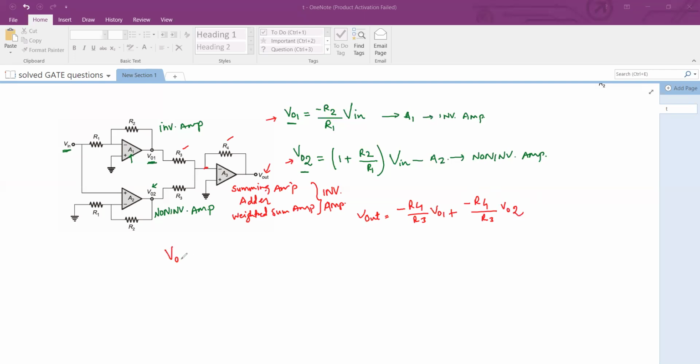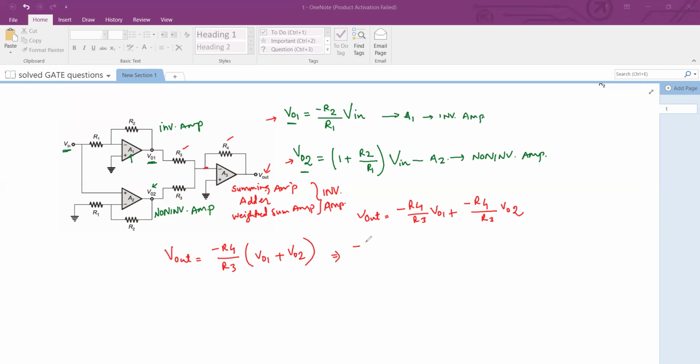We can simplify the expression further: V out equals minus R4 divided by R3 times (VO1 plus VO2). So this is basically an adder circuit in inverting mode of the operational amplifier.